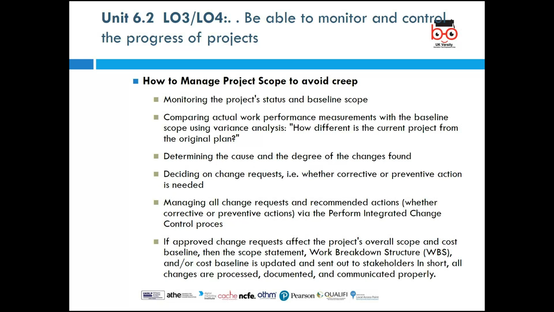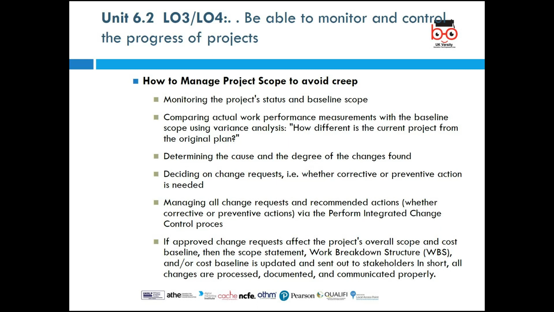So as the project starts, we always have to compare our scope with the status, right? So you only have to look at the existing state of the project, compare it with the baseline to see if there are any differences in scope, right?